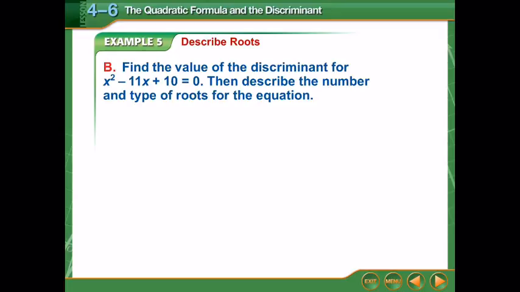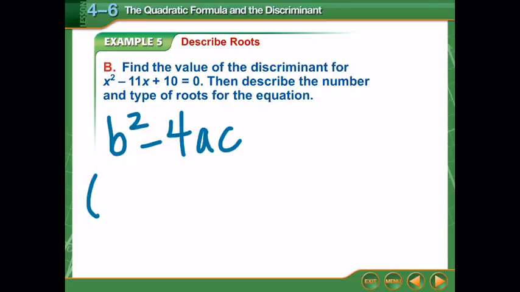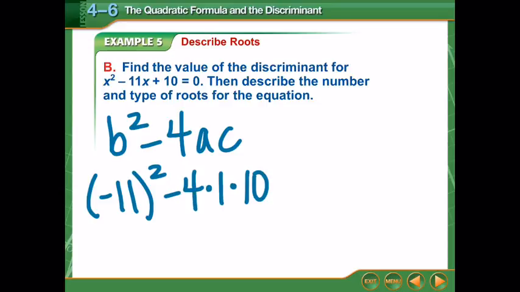Okay, one last example here. Find the value of the discriminant and describe the number and type of roots. So here, if I do b squared minus 4ac, this time it's going to be negative 11 squared minus 4 times 1 times 10. So I know that negative 11 squared is 121.